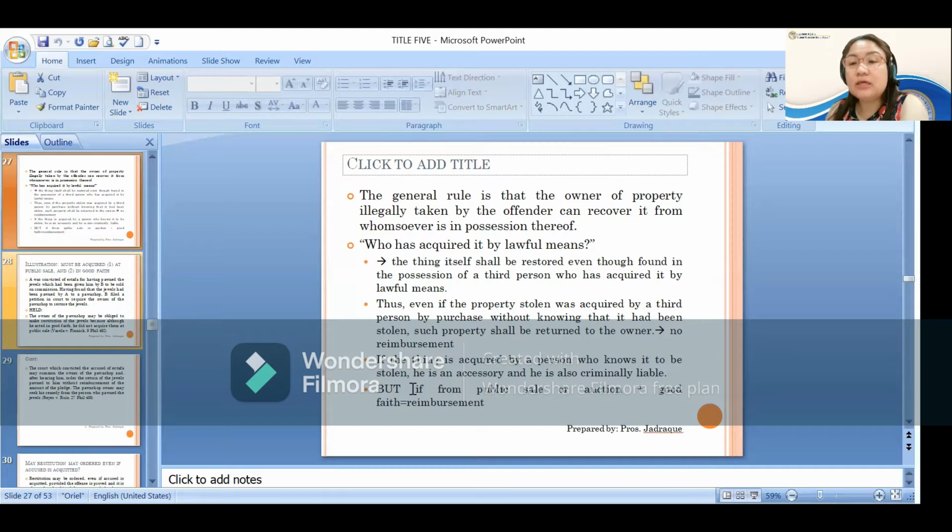But if he came into possession in good faith, he did not know of the unlawful origin of the property, he bought it from a public sale or public auction, coupled with good faith, then that third person is entitled to reimbursement.